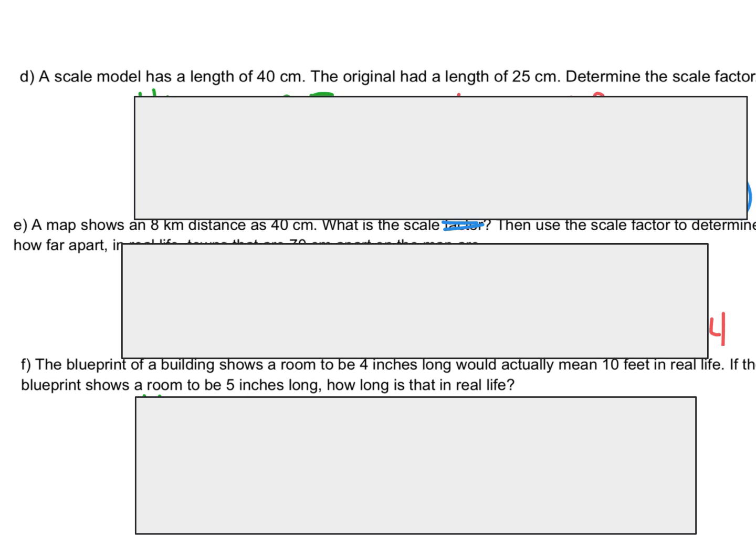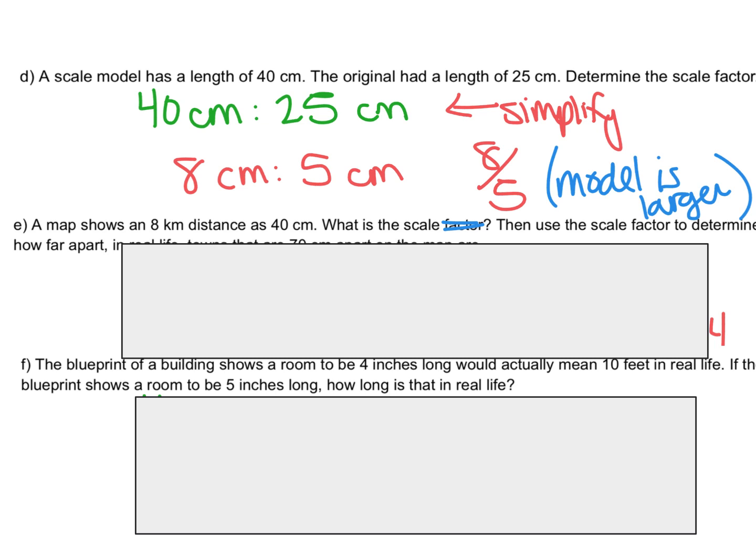We're trying to figure out what is the relationship. When you're asked to find the scale factor, it's what is that relationship? Well, a 40 centimeter piece is representing something that's actually 25 centimeters. Then every 8 centimeters is representing 5 centimeters. So this is just simplifying. 40 to 25 simplifies as 8 over 5.